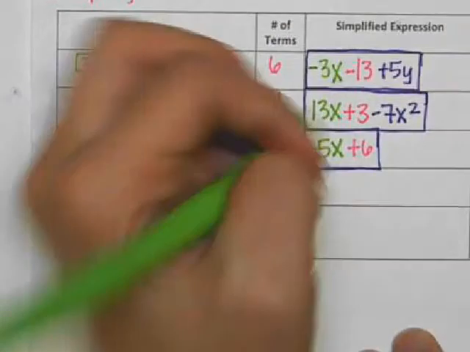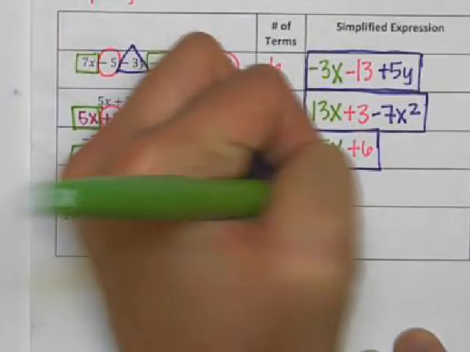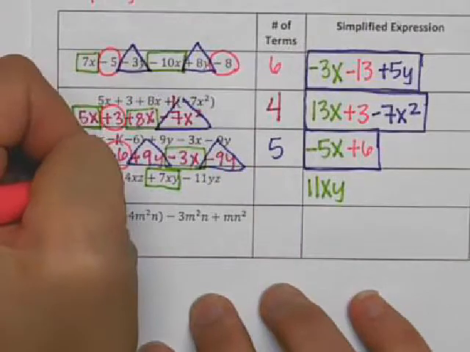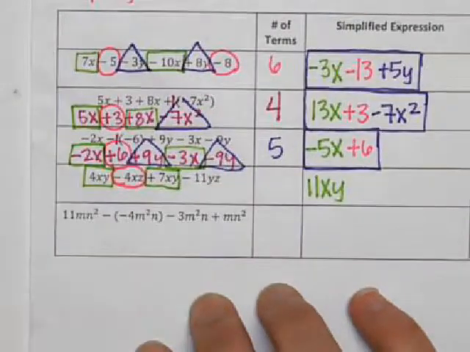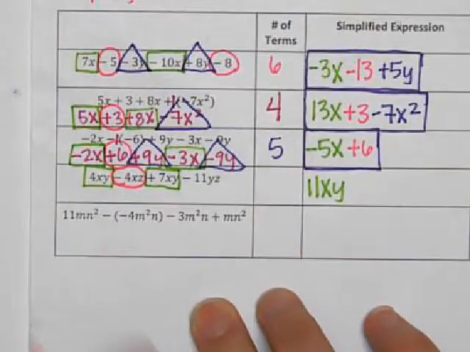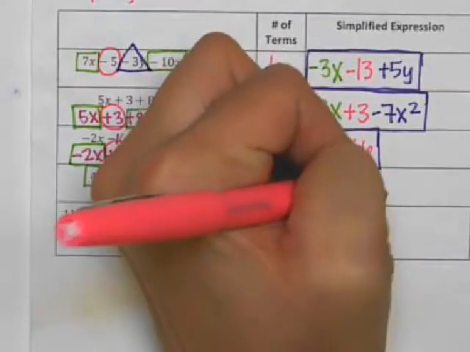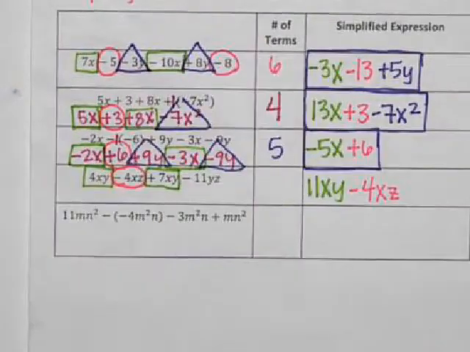So I'm going to write 11xy. Okay? Then I'm going to put a circle around my next term, -4xz. This does not have a like term, so I'm just going to go ahead and bring it over, -4xz.